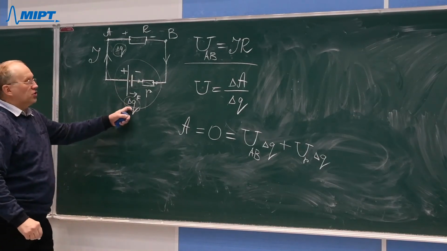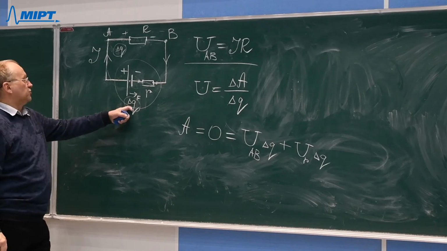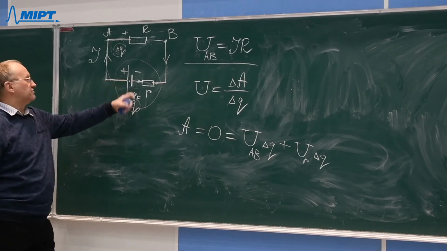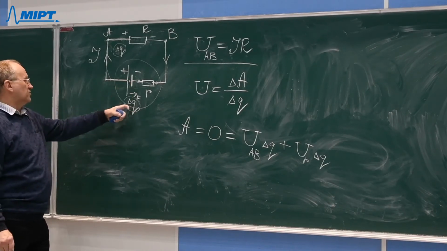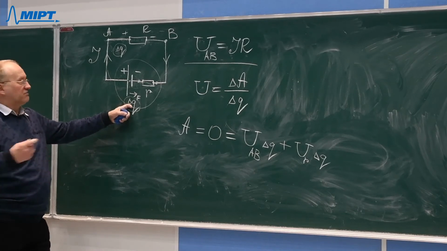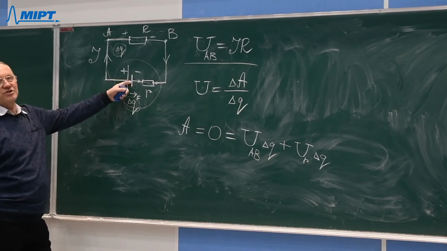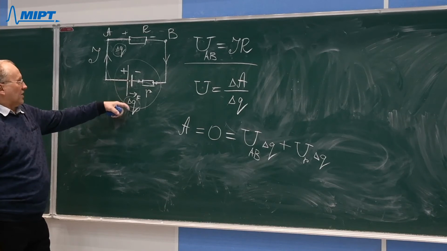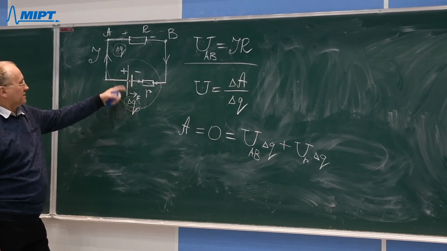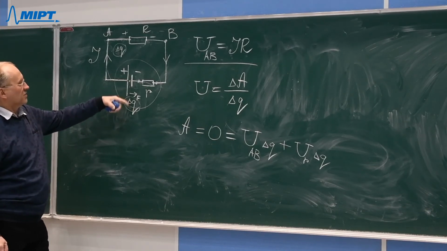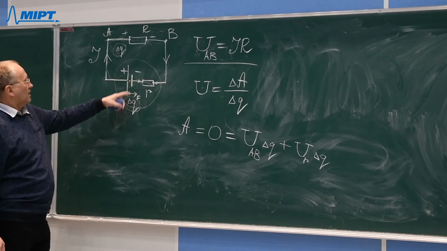And this external work may be produced either by chemical reaction, if this is a chemical cell, or it may be produced by magnetic fields if we have a magnetic electric generator based on magnetic interactions and Lorentz forces and Ampere forces inside the electric engine.